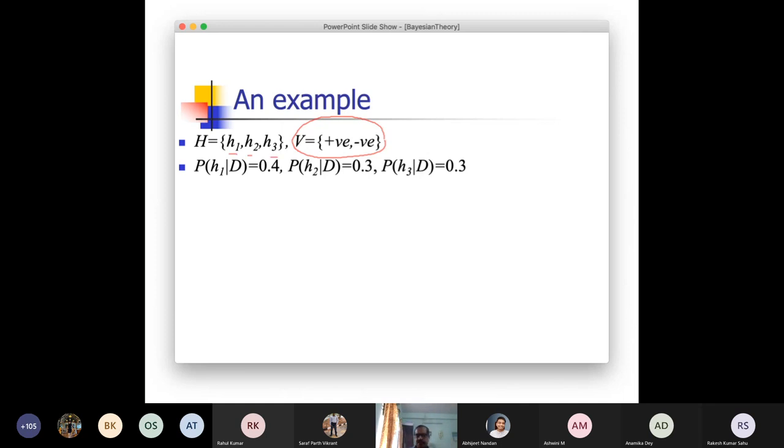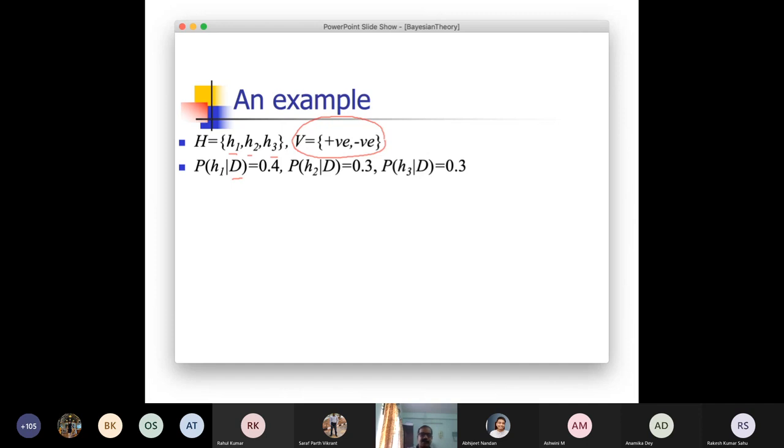Let us consider only three hypotheses, and given the data, you will have their posteriors in this way. If I sum these posteriors, it would be equal to 1. If these are the only hypotheses in your hypothesis space, naturally the sum of all these posteriors should be equal to 1.